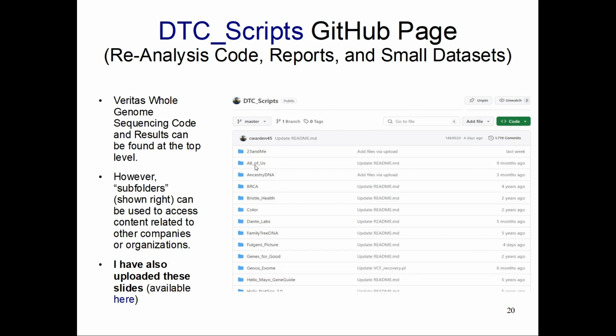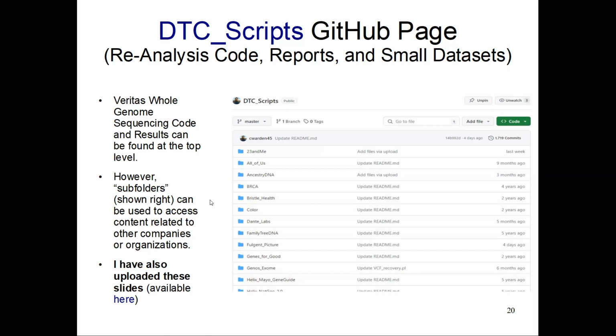For example, you can see All of Us, which is that NIH option for free whole genome sequencing if you're selected, and Genes for Good, which is an option for free SNP chip genotypes from the University of Michigan, as well as other companies and organizations you may have heard of, such as 23andMe and Ancestry DNA and so on. This can be interactive, and you can click a folder and see different files. You'll see some scripts, like Perl or R scripts, as well as PDF files or screenshots. So that's what I'm doing right now. It's completely free.